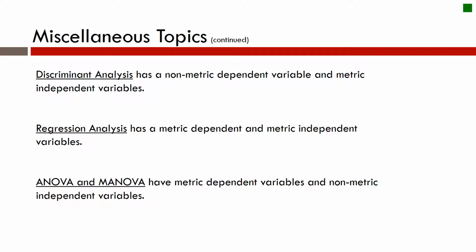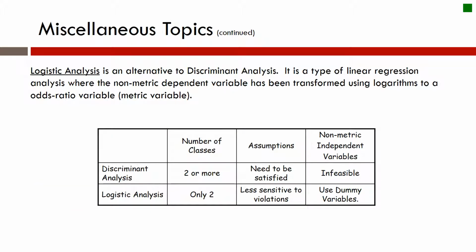ANOVA and MANOVA may have metric dependent variables, but it might also include non-metric. It does include non-metric independent variables. So instead of non-metric dependent variables, we have non-metric independent variables. Regression, as we know, has metric dependent and independent approaches. Okay, so there are differences here.